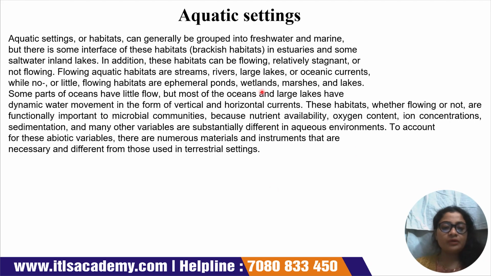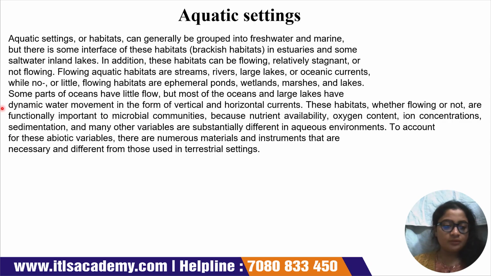Okay, now if we talk about aquatic settings, they can be generally grouped into freshwater and marine, but there is some overlap of these habitats like brackish habitats in estuaries and some saltwater inland lakes. In addition, these habitats can be flowing, relatively stagnant, or not flowing. Flowing aquatic habitats are streams, rivers, large lakes, or oceanic currents, while no or little flowing habitats are ephemeral ponds, wetlands, marshes, and lakes.